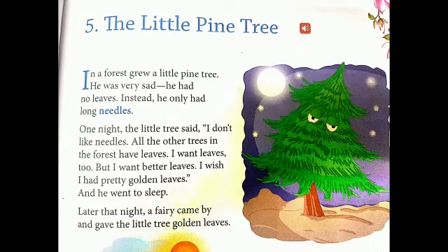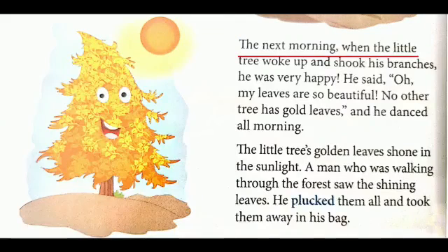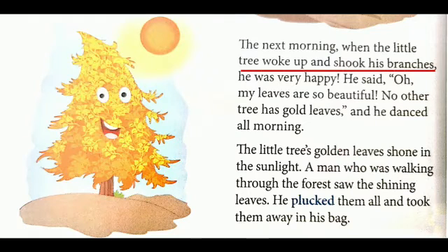Later that night, a fairy came by and gave the little tree golden leaves. The next morning, when the little tree woke up and shook his branches, he was very happy. He said, Oh, my leaves are so beautiful.